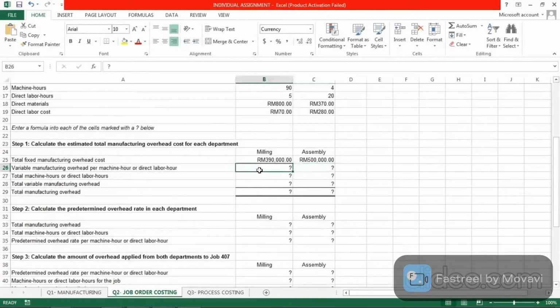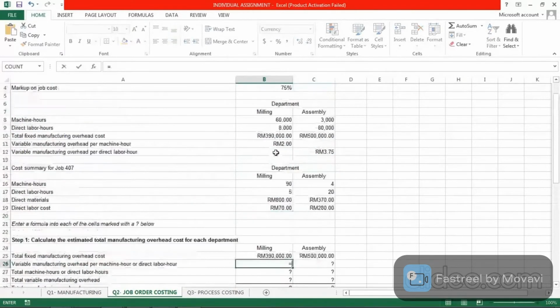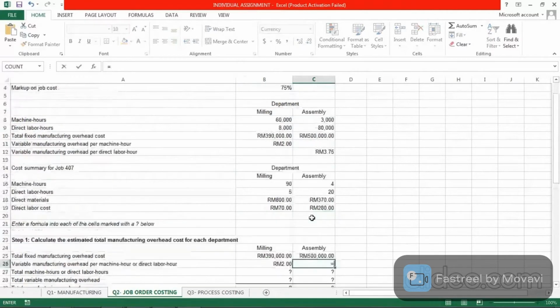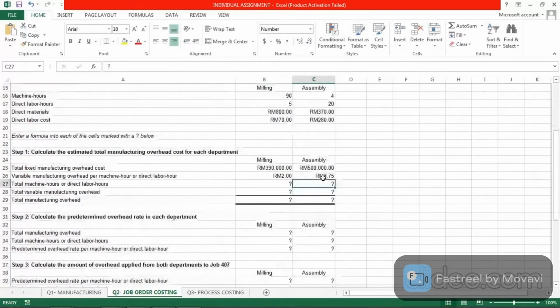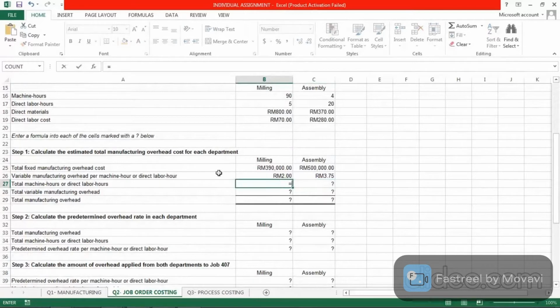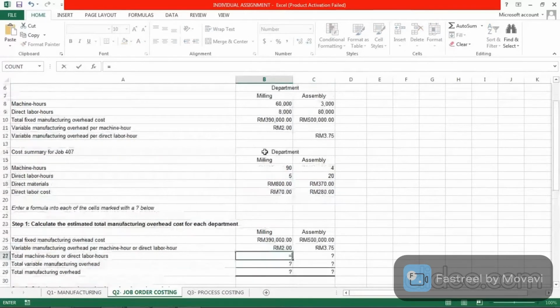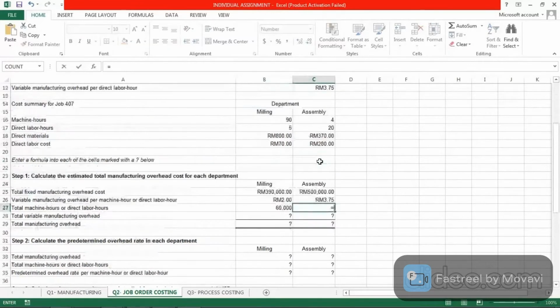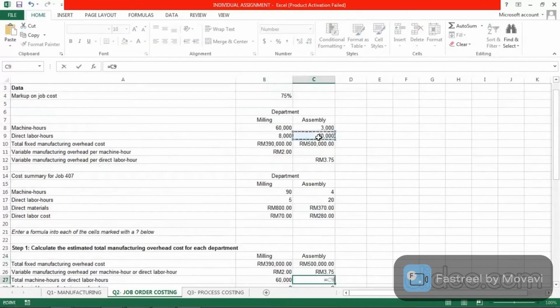Variable manufacturing overhead per machine hour for the milling department is 2 ringgit. Variable manufacturing overhead per direct labor hour for assembly is 3.75. Total machine hours for the milling department is 60,000. Total direct labor hours for the assembly department is 80,000.